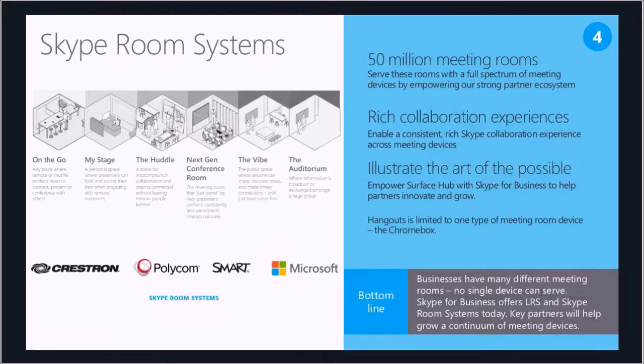Now, Hangouts only offers one type of meeting room device, and it's called Chromebox for Meetings. So it's just one option, doesn't do a lot, and if you're looking at a different configuration of up to 50 million types, only having one and only covering a very small subset of the options available isn't going to help that much. So another limitation to think about when you're looking at Google Hangouts.